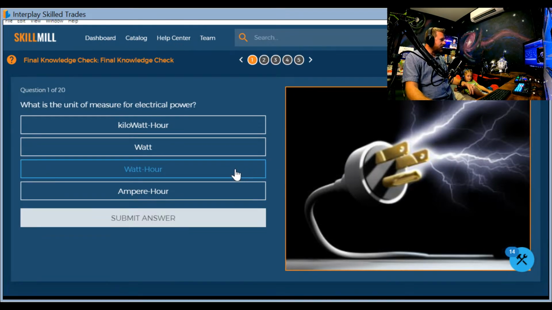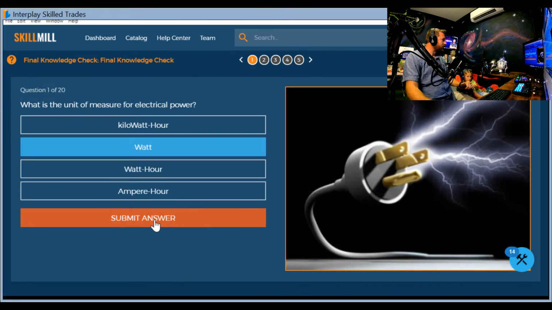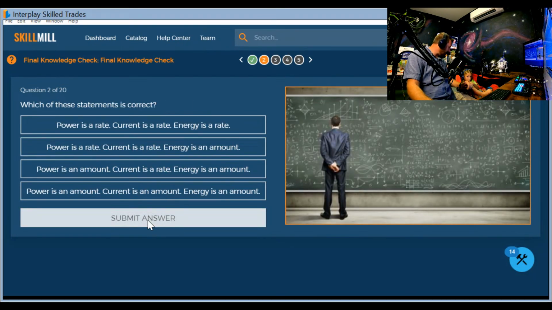This is the final test of everything. What is the unit of measure for electrical power? A watt. Which of these statements is correct? Power is a rate, current is a rate, energy is an amount.